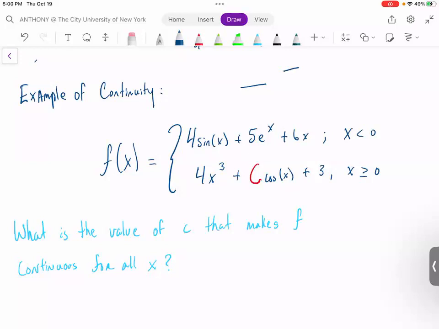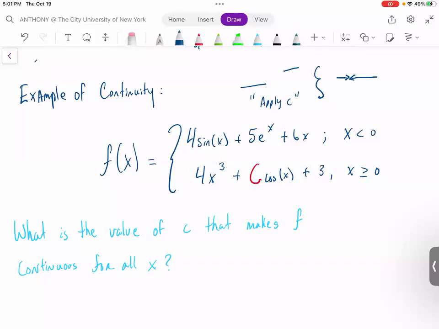Essentially, when you apply c to your two hands, your hands are meeting. The hands become like two arrows that meet at a single point, and it will be continuous everywhere.